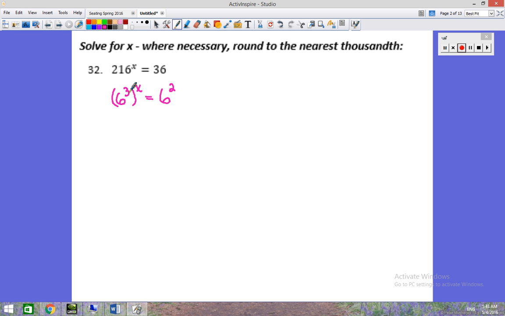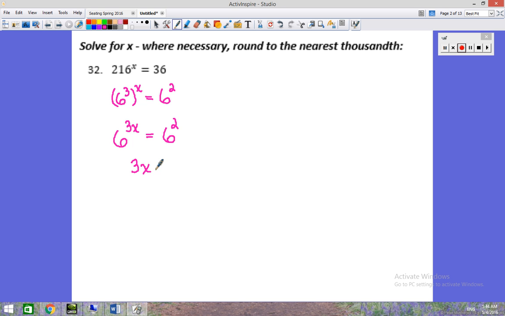Now, on your properties of exponents, when you have a power to a power, you multiply the exponents. So this is 3 times x. By the fact that exponential functions are one-to-one functions, if the numbers are the same and the bases are the same, the exponents must be the same.